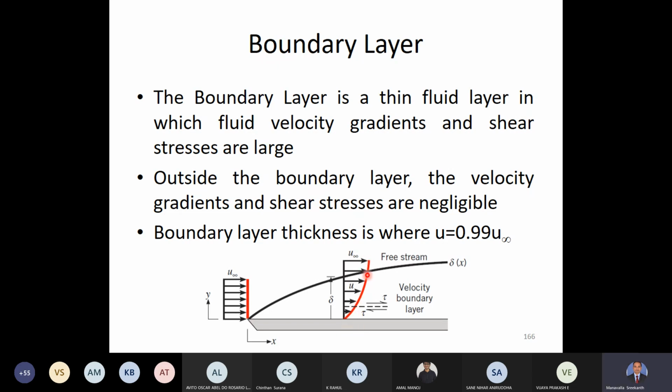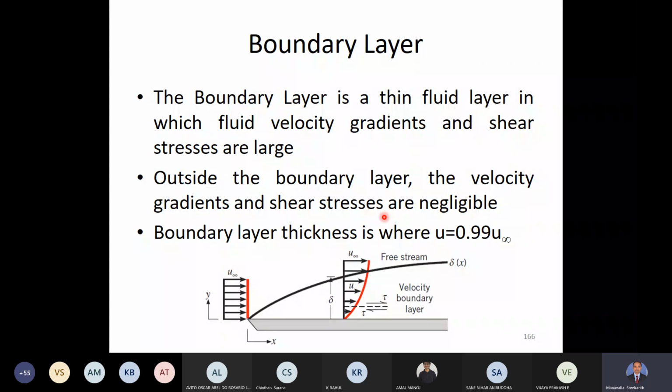As the velocity changes are taking place, we see these velocity variations inside this region called the boundary layer. So when velocities are changing, we call it a velocity boundary layer. Okay. And in this velocity boundary layer, you can see there is a velocity gradient across this thickness, and therefore this velocity gradient across this thickness will be responsible for bringing in shear stresses.